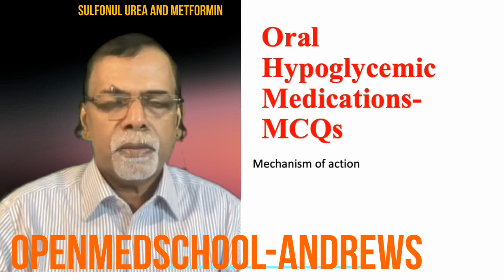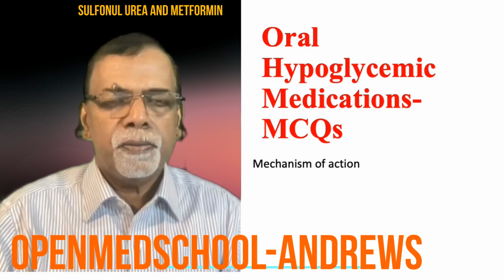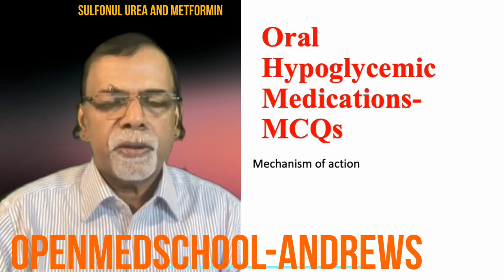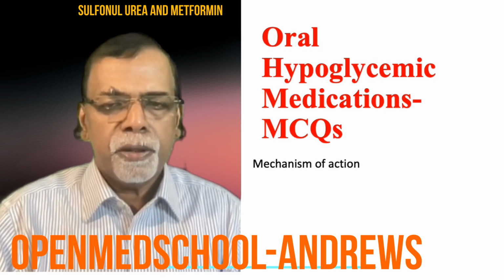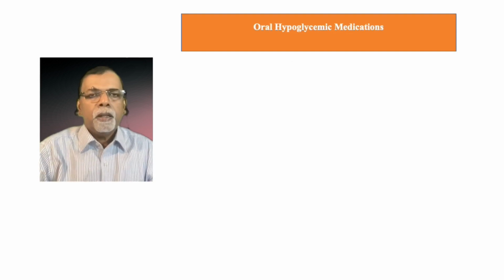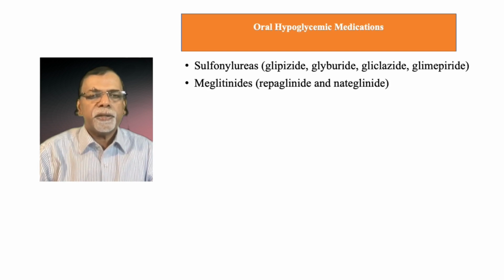Good morning. Today we will be discussing the mechanism of action of the commonly used oral hypoglycemics, MCQ based. The commonly used oral hypoglycemic drugs come in different classes. They are the sulfonylureas; examples are glipizide, glyburide, glyclazide and glimepiride.